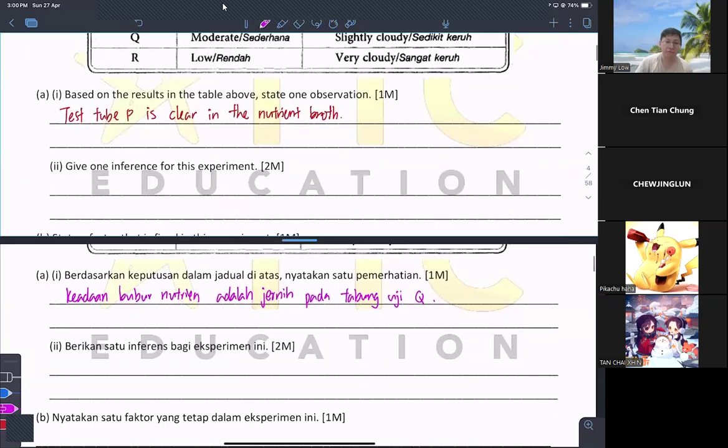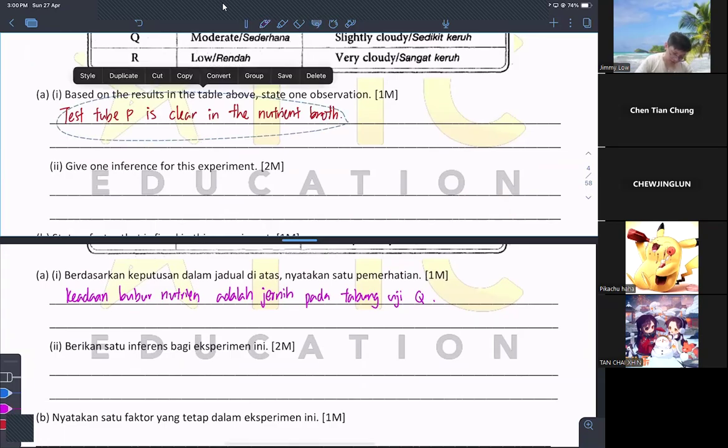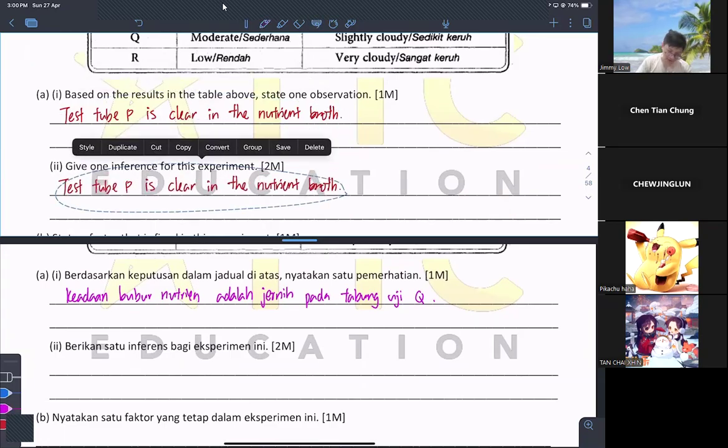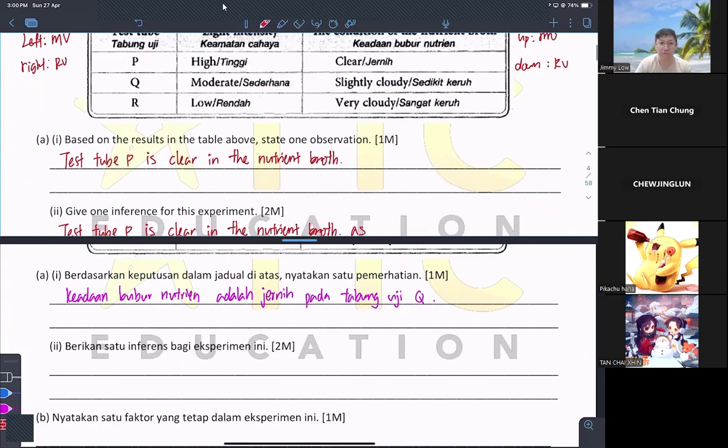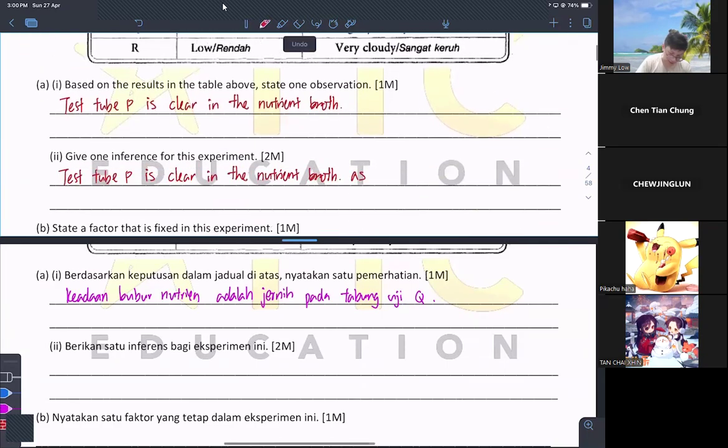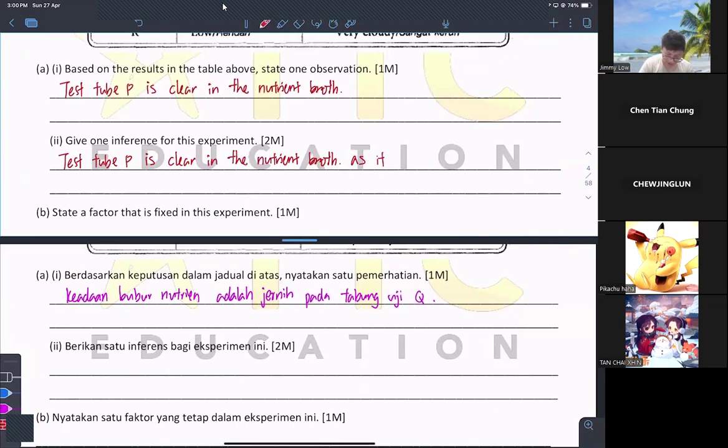When it comes to the inference, the inference means you have to give a reason already, correct or not? So I would do it this way: test tube P is clear in nutrient broth as your MV. What is your MV? Your MV is your light intensity, ma. As it is placed under high light intensity.